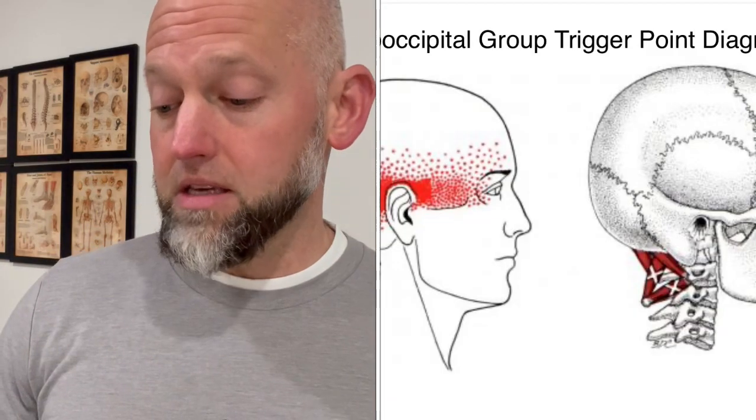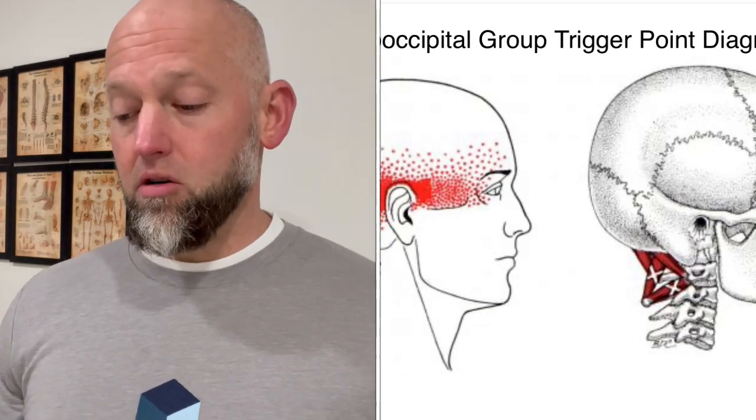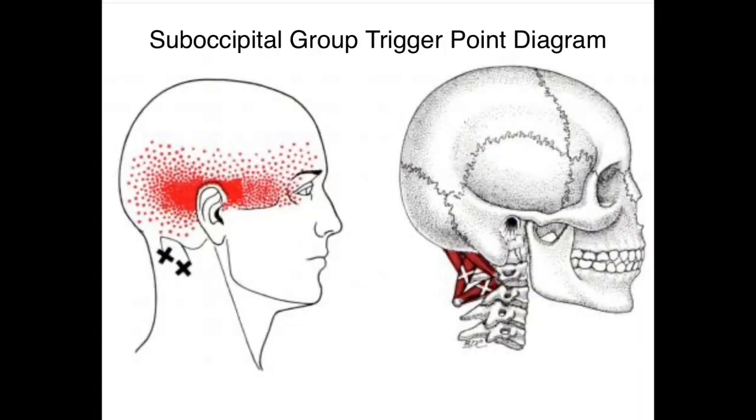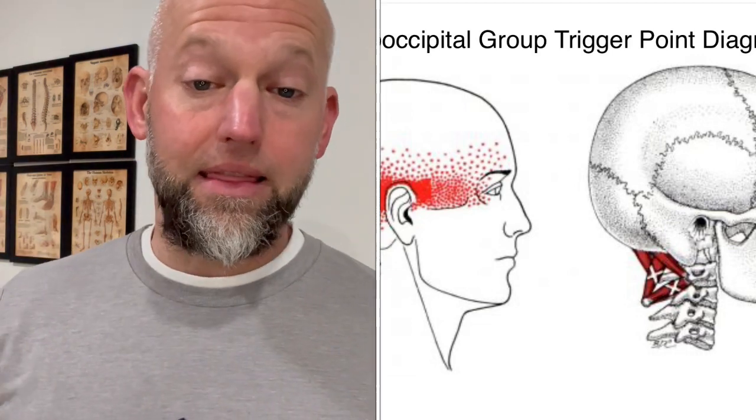So I got a picture here. Let's go ahead and check out the suboccipitals first, and there's 2 spots. If you remember back to the previous videos, there's kind of 2 muscles that are closer to the midline, and then there are the obliques, and it's showing a trigger point in the inferior oblique, and we're going to talk about how to find that, and then back closer to the midline, and don't worry about what that muscle is called.